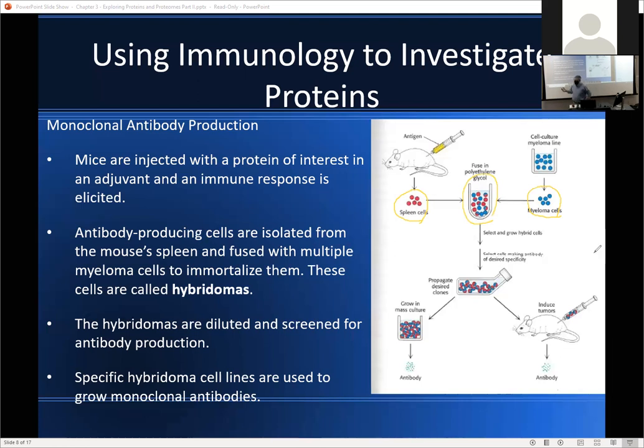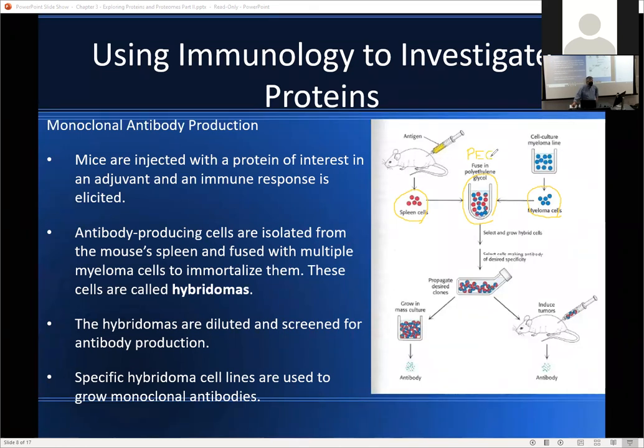There's a couple ways this can be done. We can do this chemically, so in this example, we're using polyethylene glycol. This is a chemical you might have heard of before. It's usually abbreviated PEG.